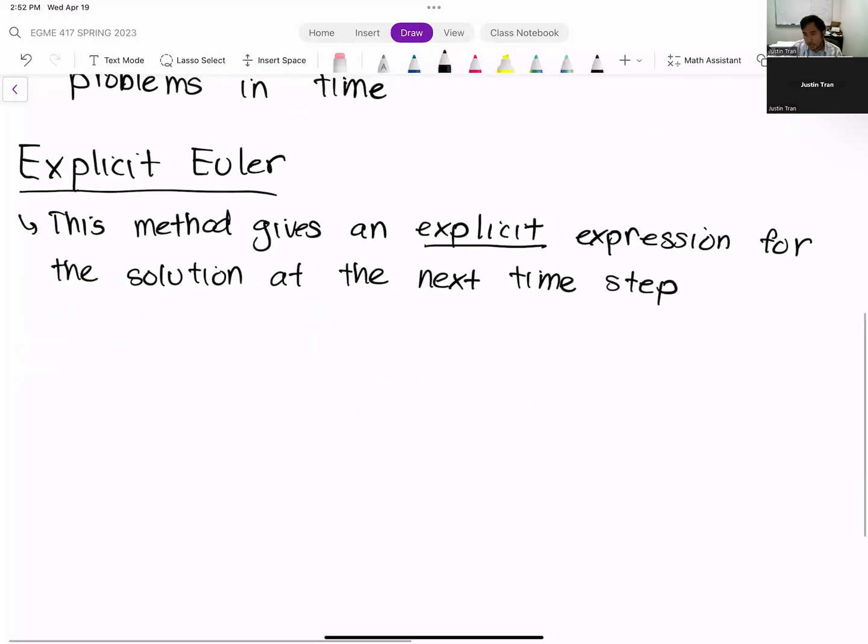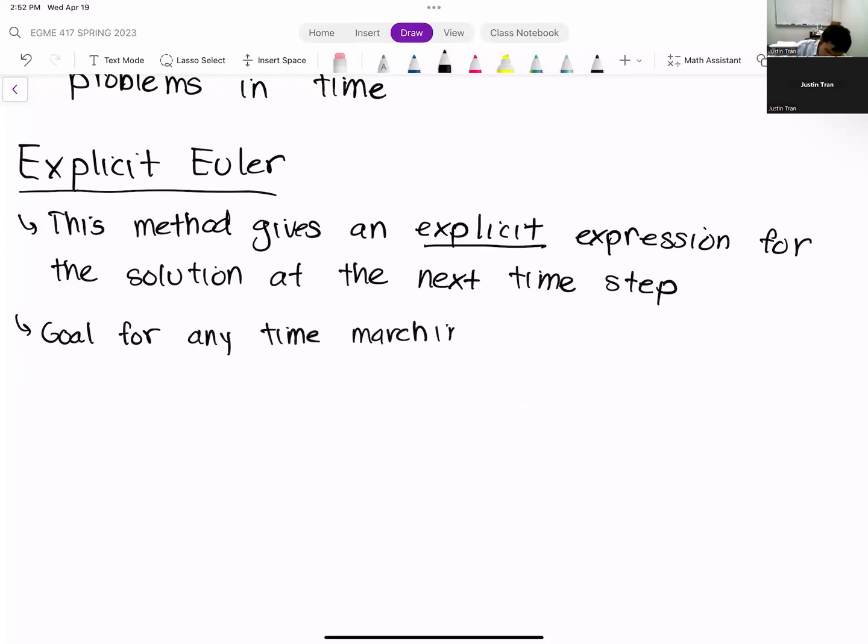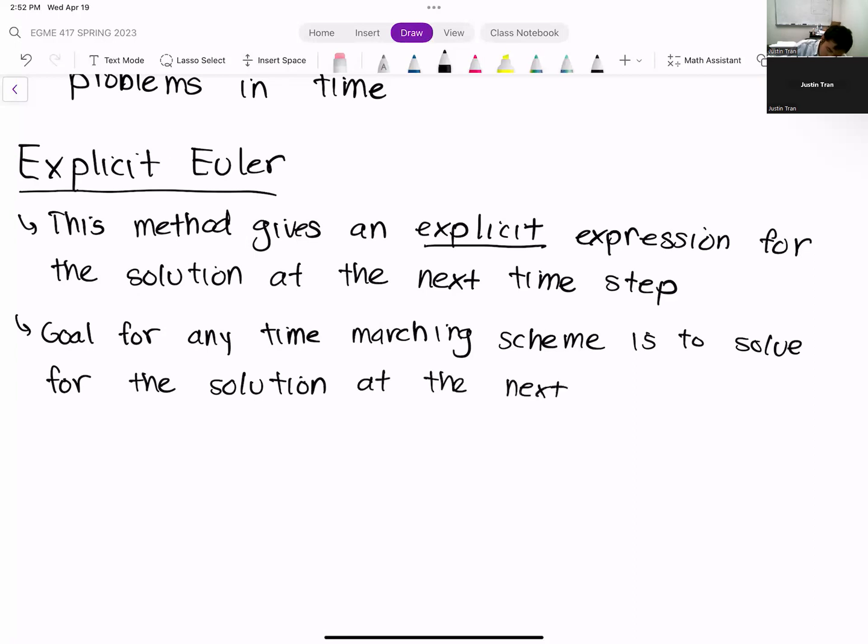Whenever we have any kind of time marching scheme, we're solving for the solution at the next time step, the next time step being n plus 1.